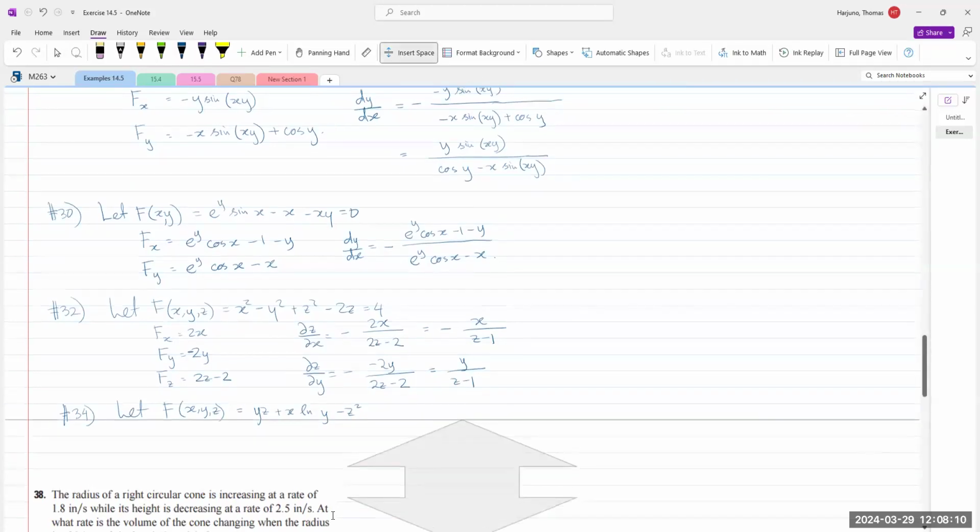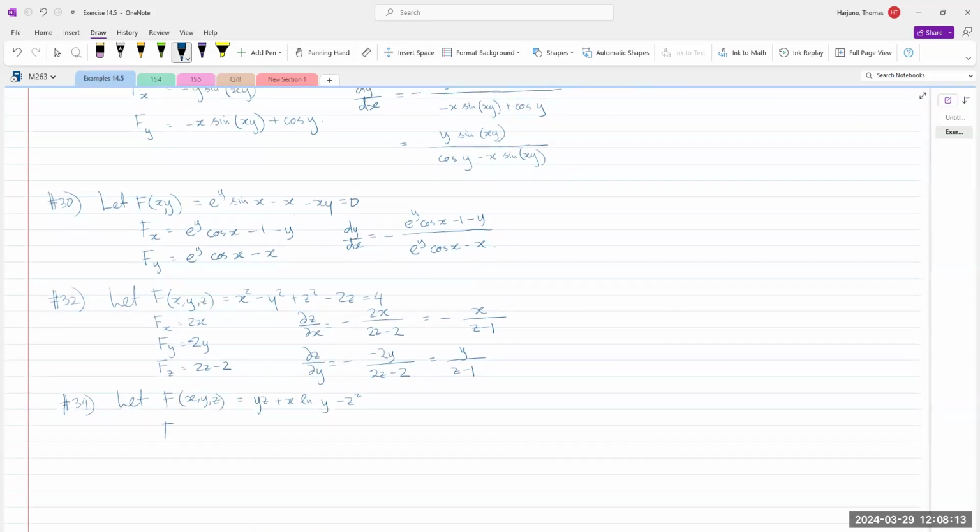Some space. So f sub x will be natural log of y. f sub y is z plus x over y. f sub z is y minus 2z.